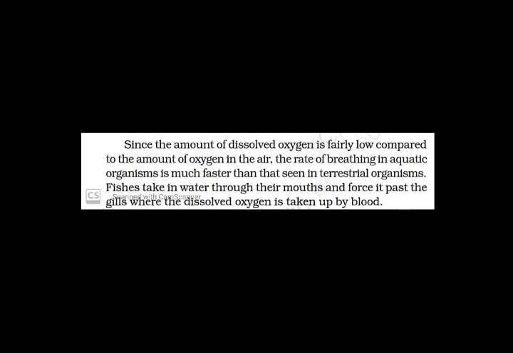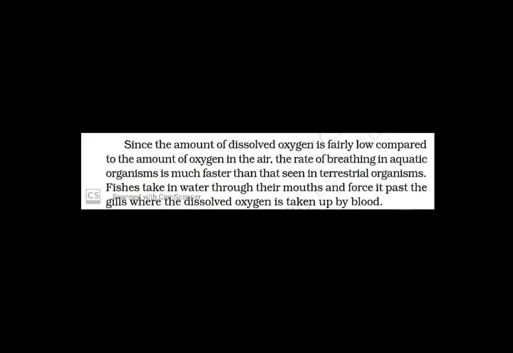In this 2020 board exam there was a question: why do terrestrial organisms have a lower breathing rate as compared to aquatic organisms? And the answer is with you: because aquatic organisms have to take dissolved oxygen. So the rate of breathing in aquatic organisms is much faster, because they have to force water past the gills and then take the dissolved oxygen into the blood.